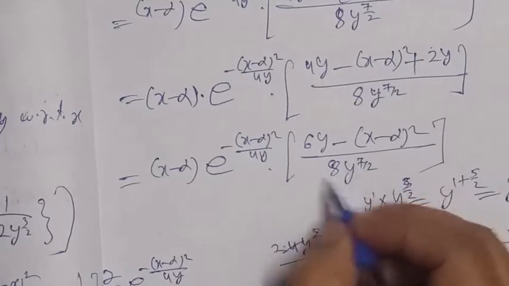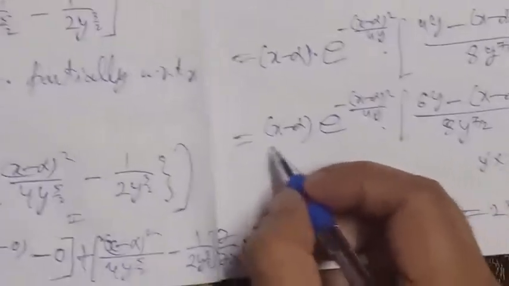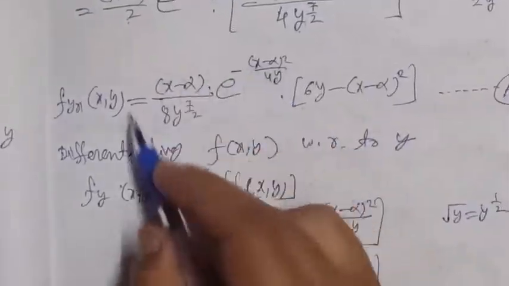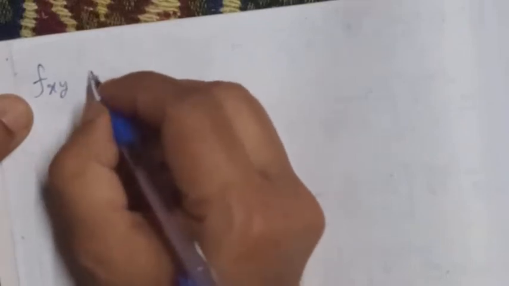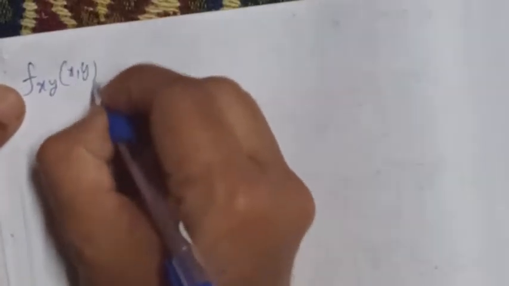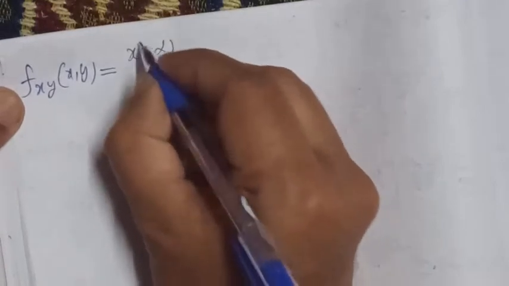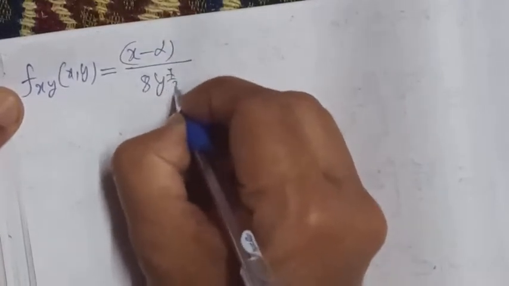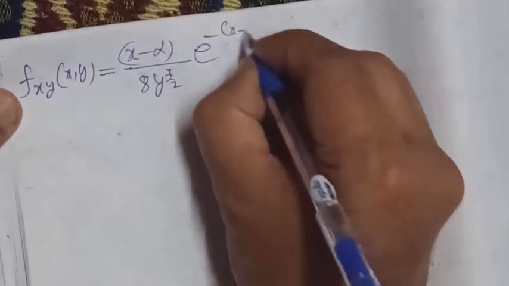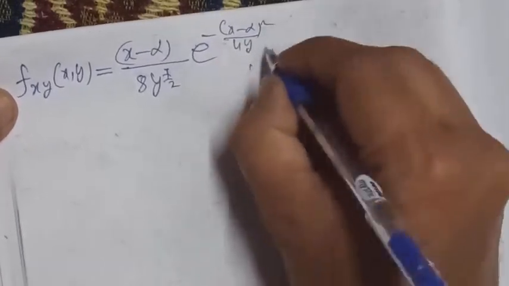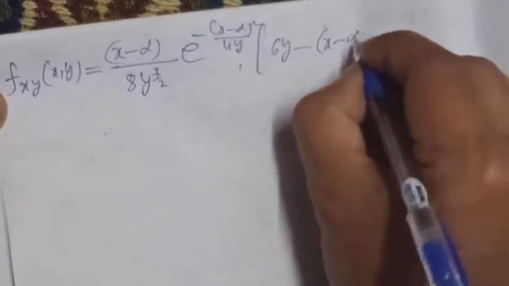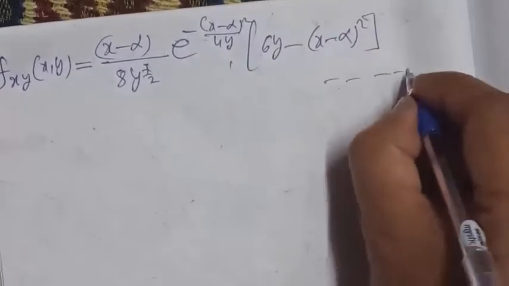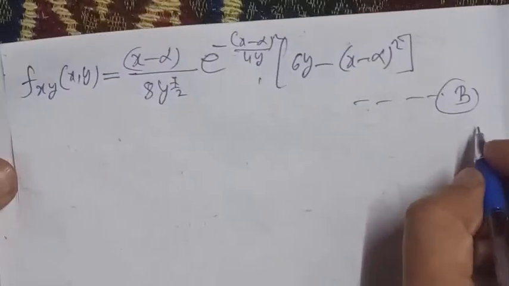We can write it here, and it becomes like equation number A. So I write it as f_xy, function of xy, equal to (x minus alpha) upon 8y to the power 7 by 2 e to the power minus (x minus alpha) whole square upon 4y and 6y minus (x minus alpha) whole square, which is equation number B.